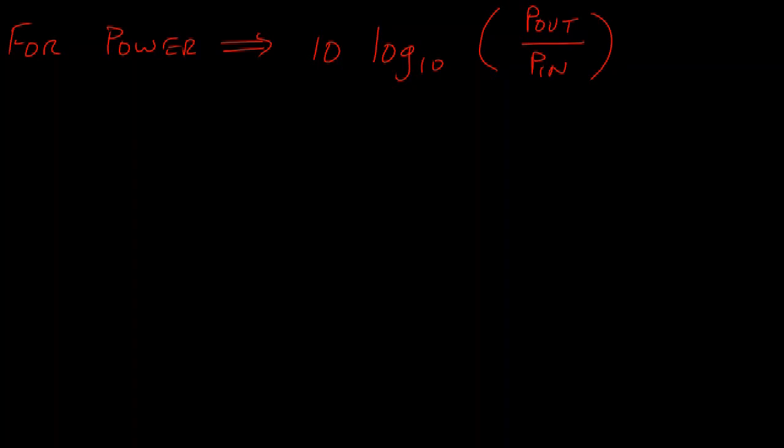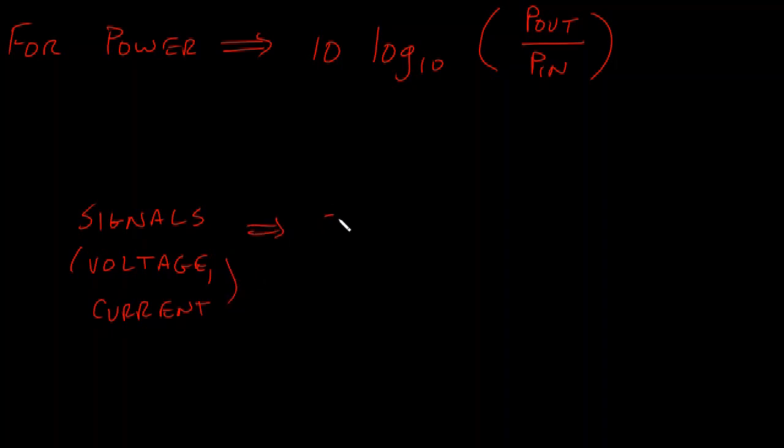And for voltages and current, so we'll say for signal waveforms, this would be voltage ratios or current ratios, we use 20 times the log base 10 of V out over V in, or I out over I in.